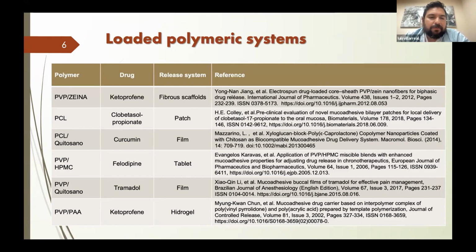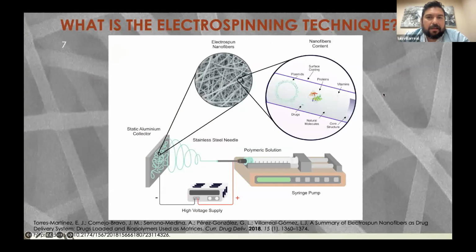In literature, you can find several polymeric systems loaded with pharmaceutical drugs, in different presentations. You can find this system as patches, fibrous scaffolds that are similar to our work, films, tablets, and as hydrogels. But what is the electrospinning technique?